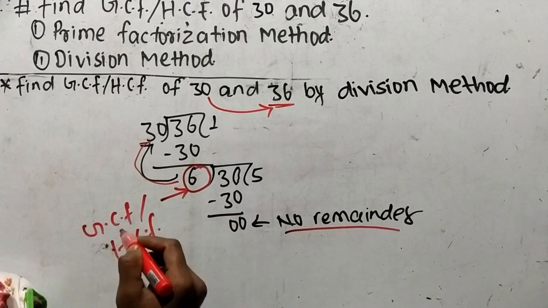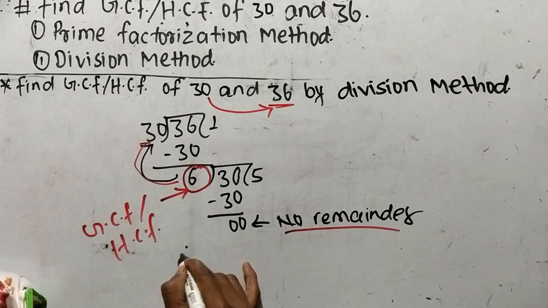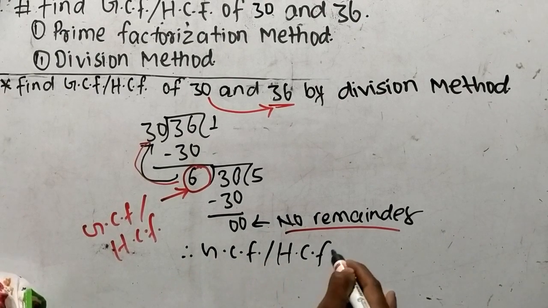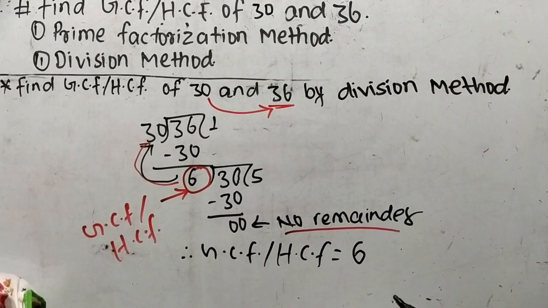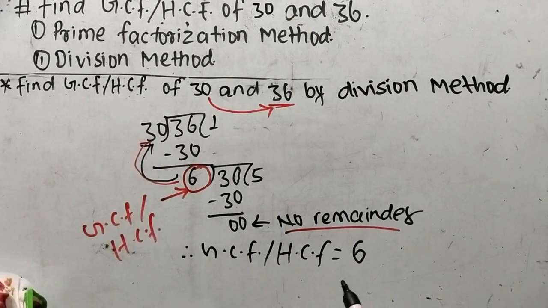So it becomes the GCF or HCF. Therefore we can write GCF or HCF is equal to 6, because 6 is taking no remainder here. So in this way we can find out the GCF or HCF by division method.